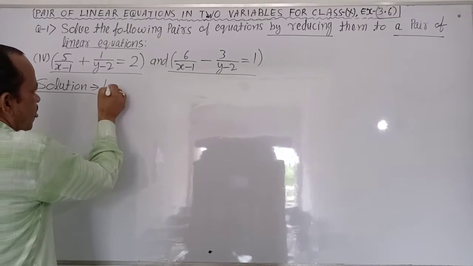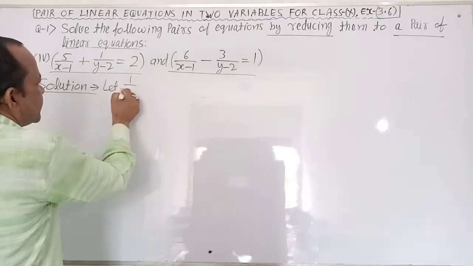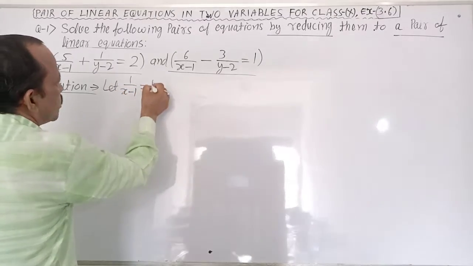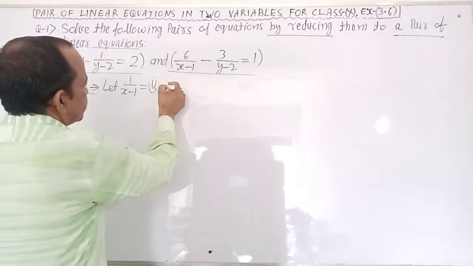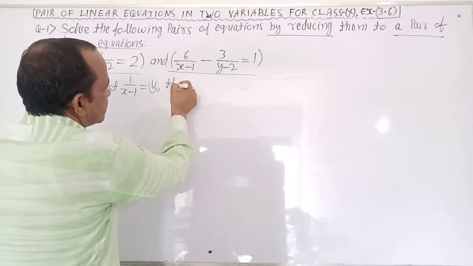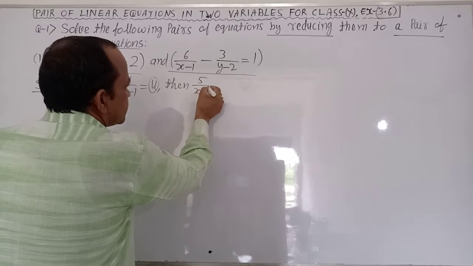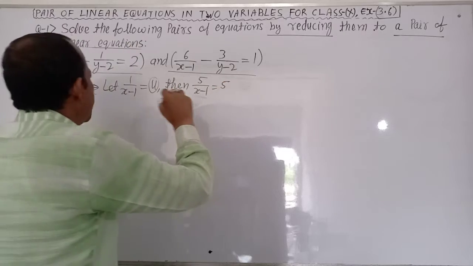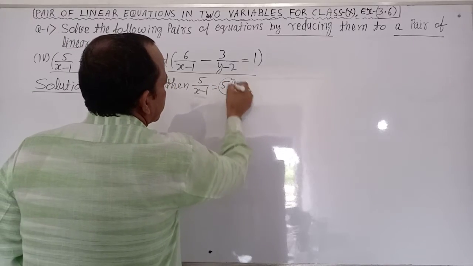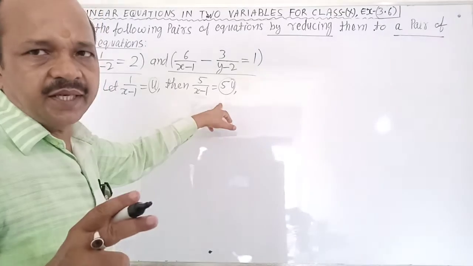Let 1 by x minus 1 equal to u. Then 5 by x minus 1 equal to 5u. It is clear?